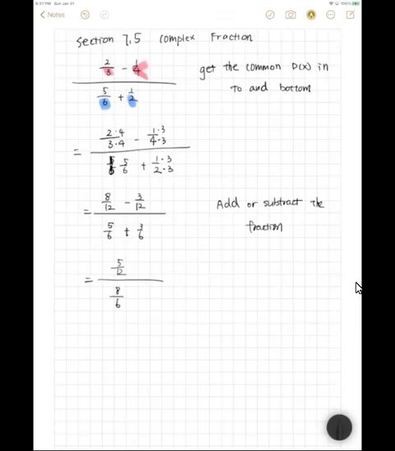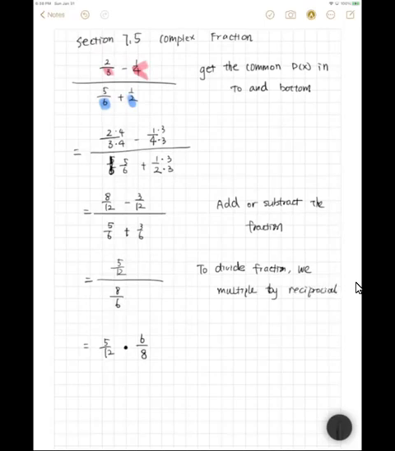Okay, so remember, if you divide something, that's equivalent to multiplying by its reciprocal. To divide a fraction, we can multiply by the reciprocal.